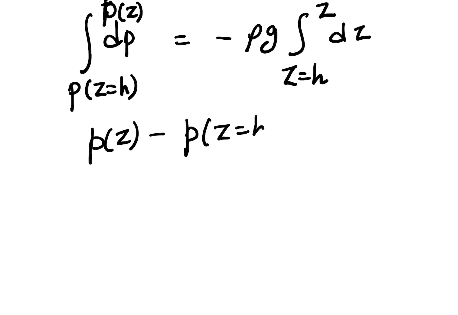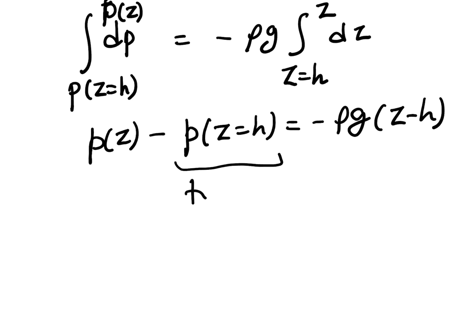The pressure at Z equals H equals minus rho G times Z minus H. The pressure at Z equals H, the top surface, we say the pressure is 0.